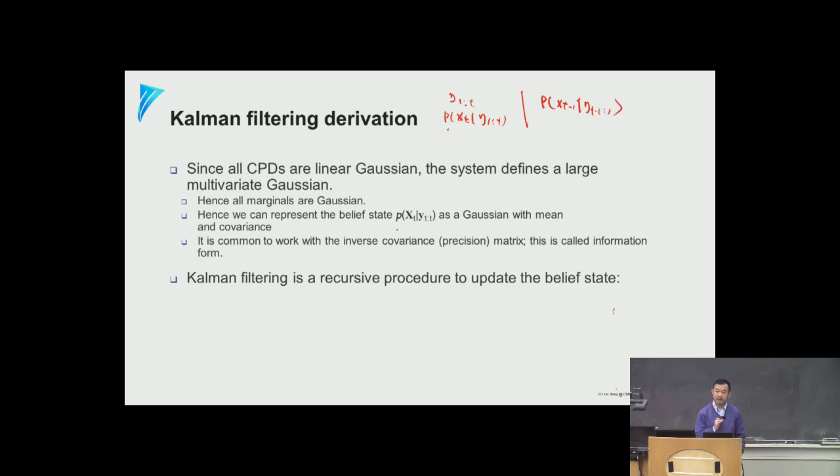You already have this. And also, of course, you have p of x_t given x_{t-1}, and of course you have p of y_t given x_t. You already have all this. Can you get this one?